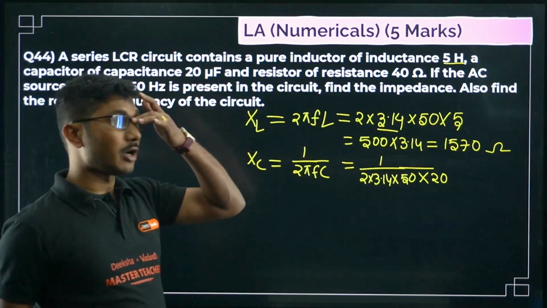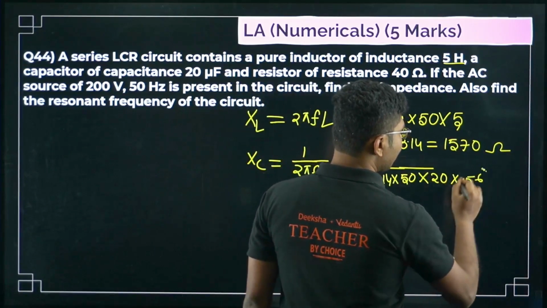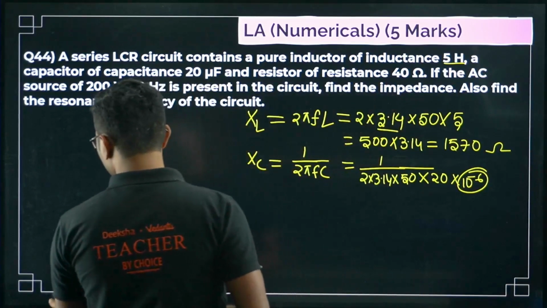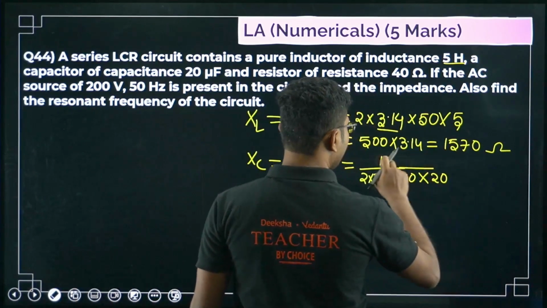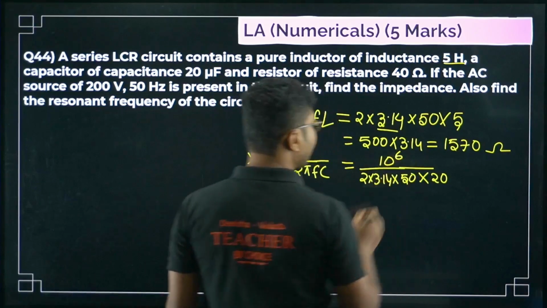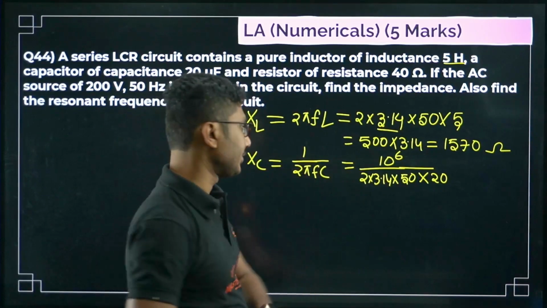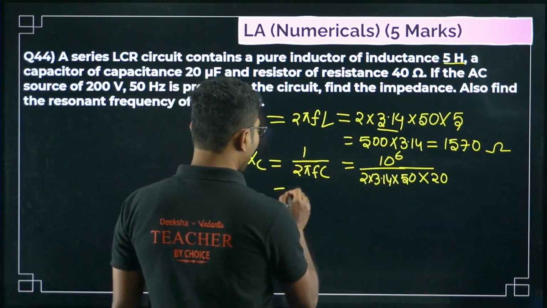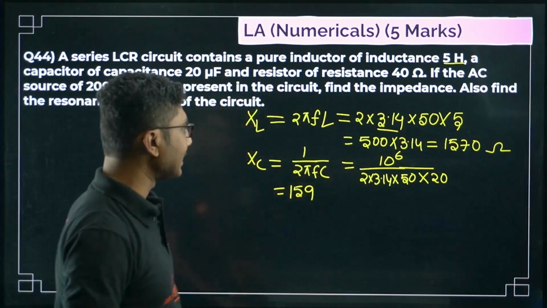Microfarad means 10 to the power of minus 6. So this 10 to the power of minus 6 will move to the numerator, and it will become plus. That is the only thing you have to be careful about while solving these questions. I think it will be 159 or something. I don't remember the value; you can calculate the exact value.